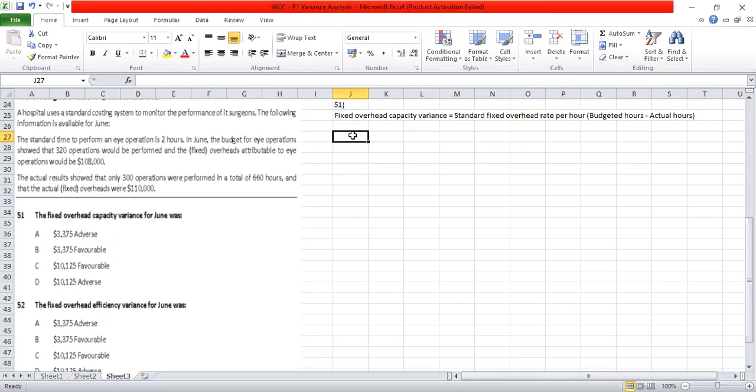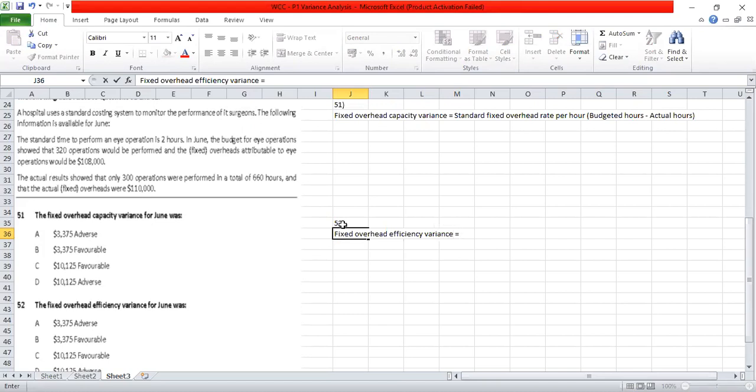Do you see any difference between this and, let's say, if we have to put solution number 52, and if I'm writing the fixed overhead efficiency variance, how would I write?